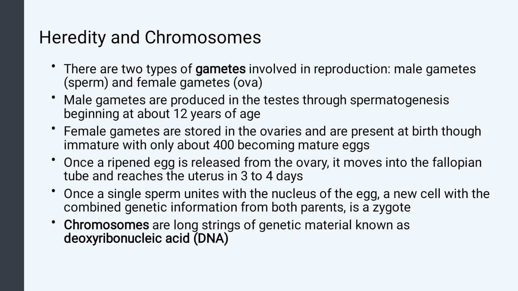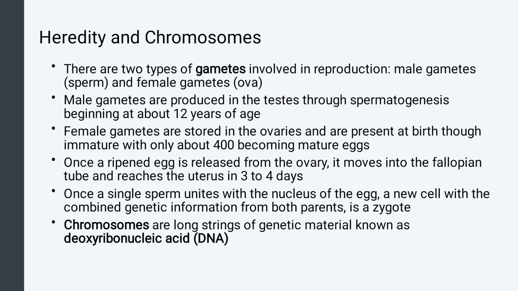Male gametes are produced in the testes through spermatogenesis, the process of generating or producing sperm, beginning at about 12 years of age of a male.